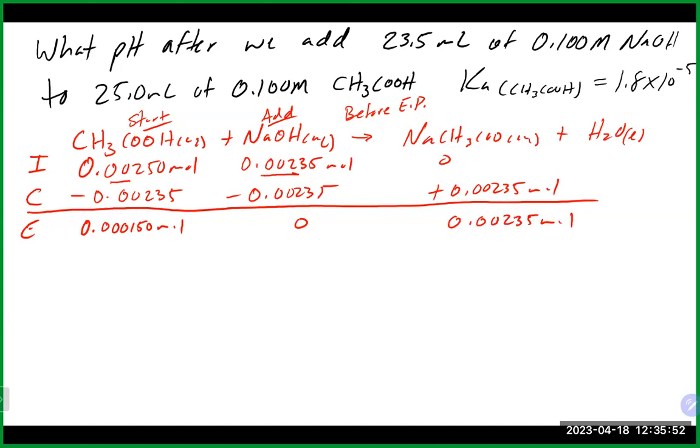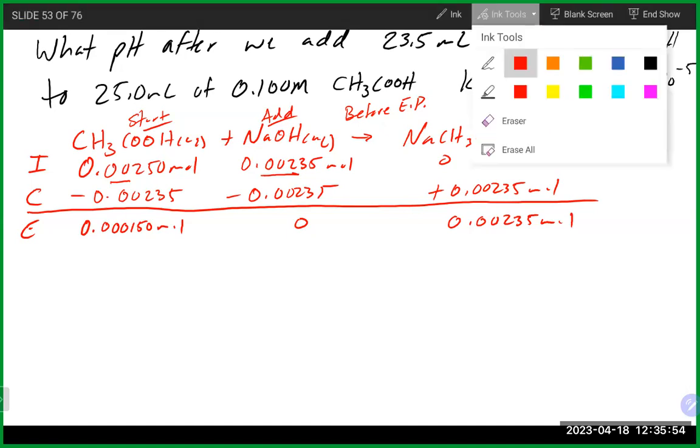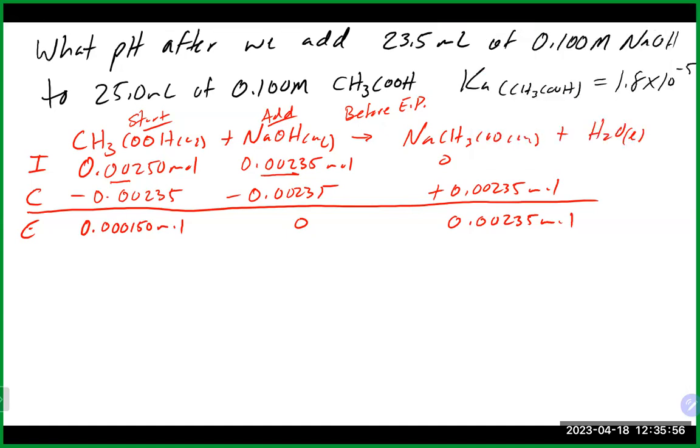We now want to convert these back to molarity, so we want some total volume at this point. We started with 25 milliliters of the acid. We added 23.5 milliliters of the base. That's 48.5 milliliters. So we're going to divide each of these by 0.0485 liters, which is that converted from milliliters to liters.